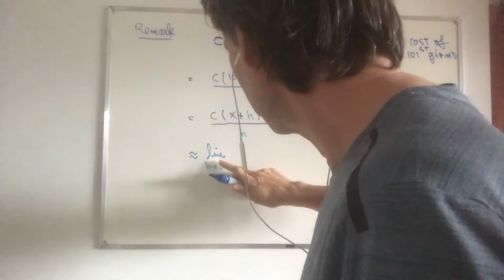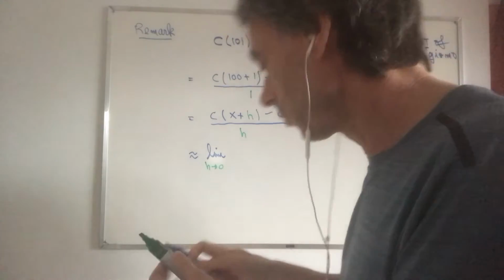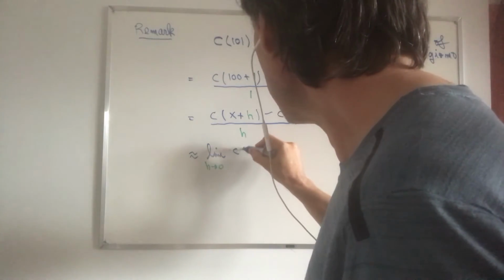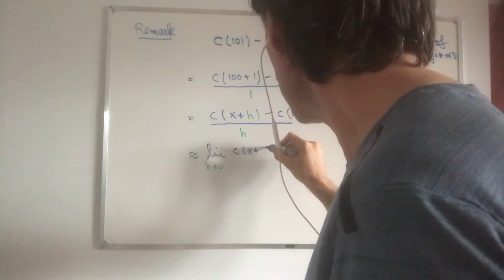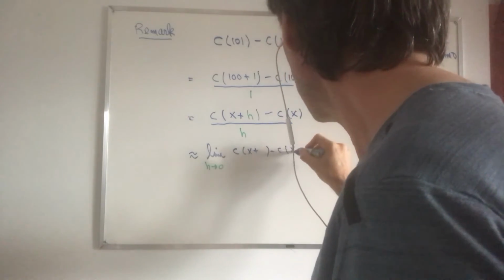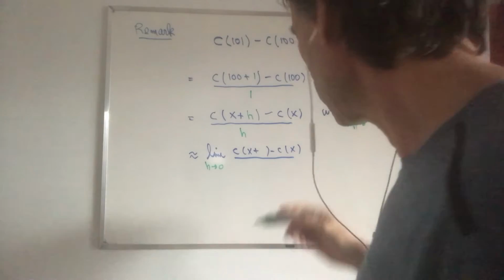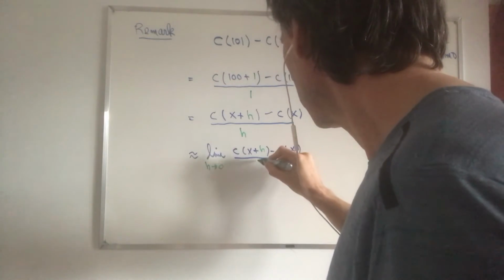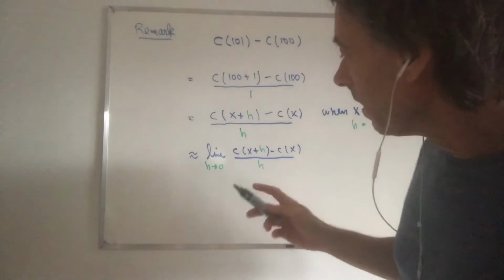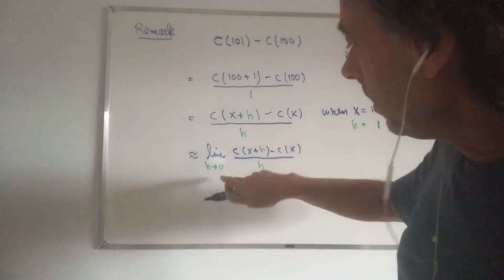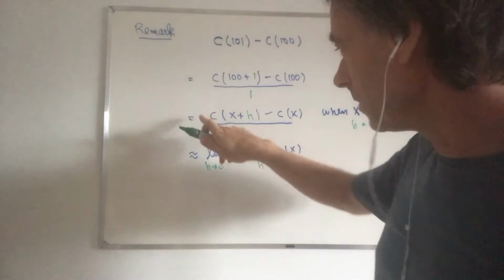of C of x plus h minus C of x over h. Put an h here, put an h here. Without the limit, clearly, this is not equal to that.